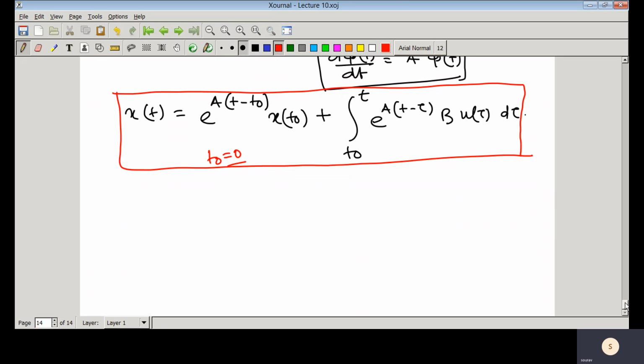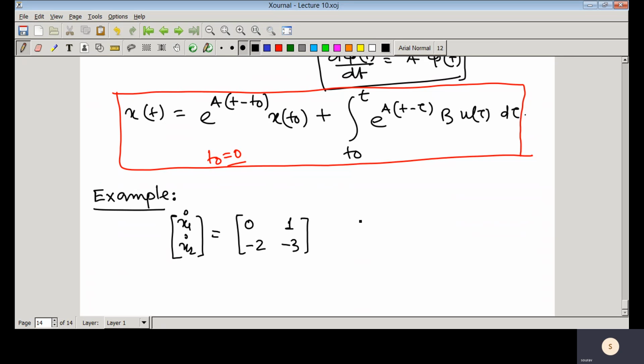So let us see how to find that state transition matrix. One example. Suppose you have a state equation, x1 x2, and 0 1 u(t). Here u(t) is the input, and you can say that u(t) is the unit step input.